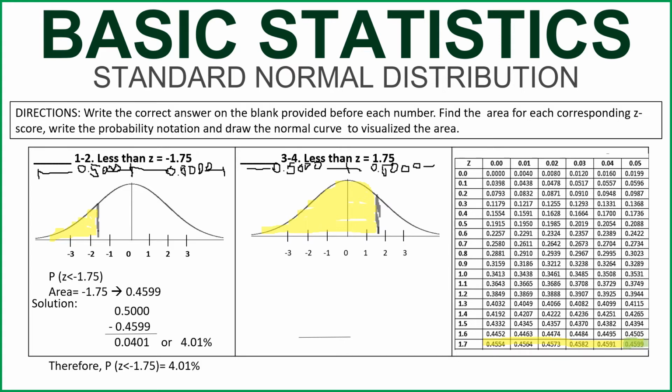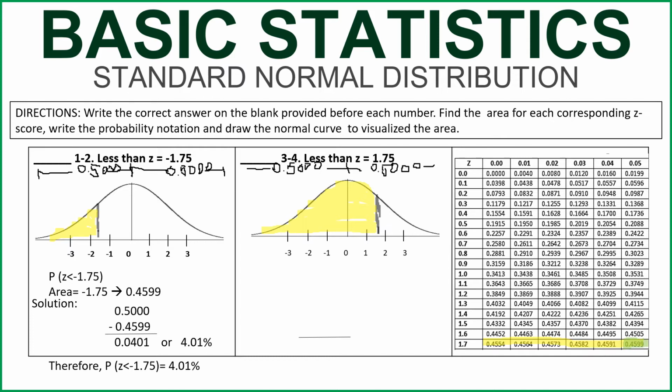Excuse me. As I said earlier, the first thing we should bear in mind is the concept that the normal curve is symmetrical, and each half of it is 0.5, and the other half is again 0.5. Same as before.